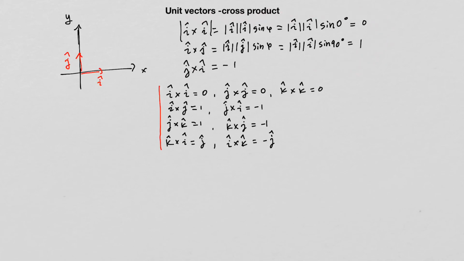So the magnitude of i hat cross i hat is equal to 0, and the magnitude of i hat cross j hat should be equal to 1.